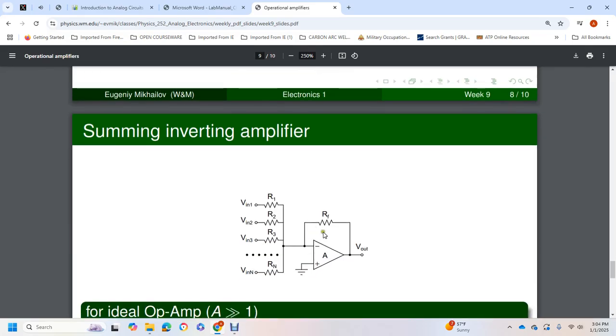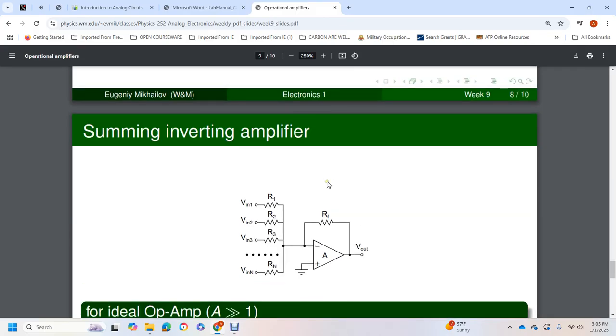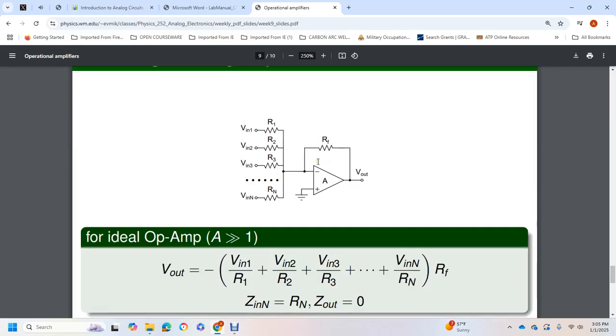Summing inverting amplifier. Now it shows resistors R1, R2, R3, R4, and so on, any number in the series. We're taking an inverting amplifier and running the inputs through the resistors in series for an ideal operational amplifier. A is greater than 1.